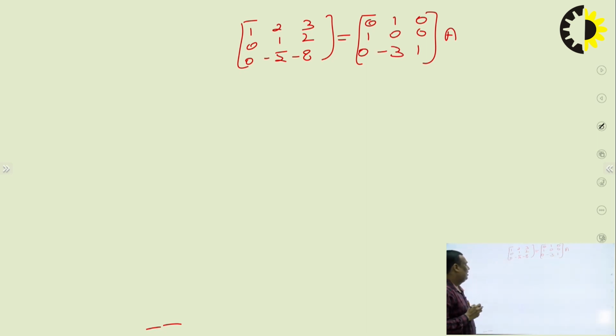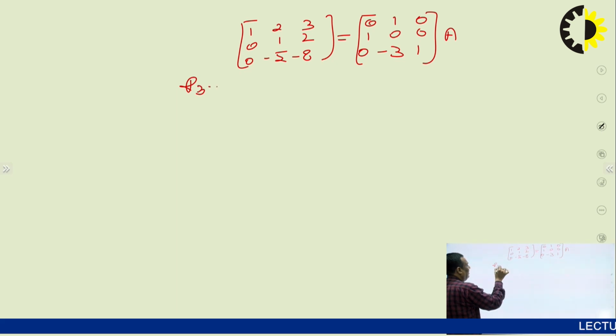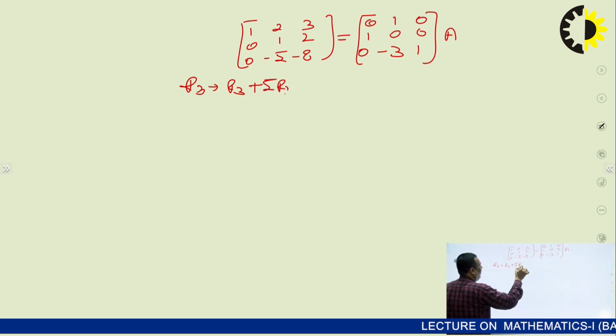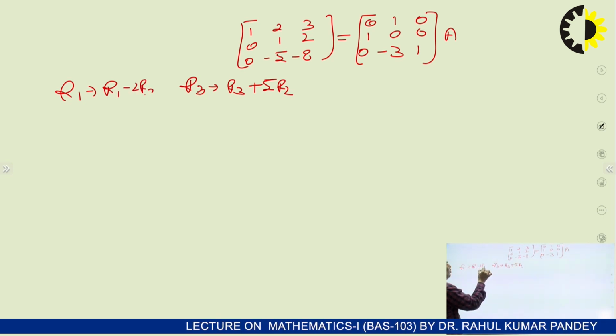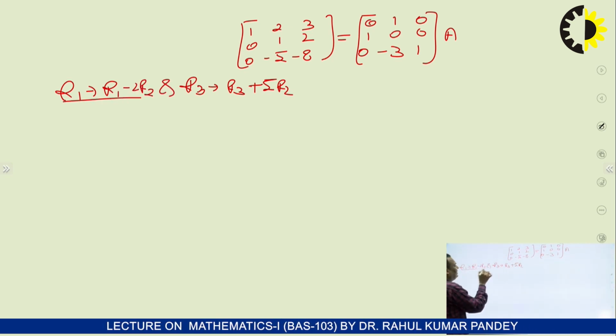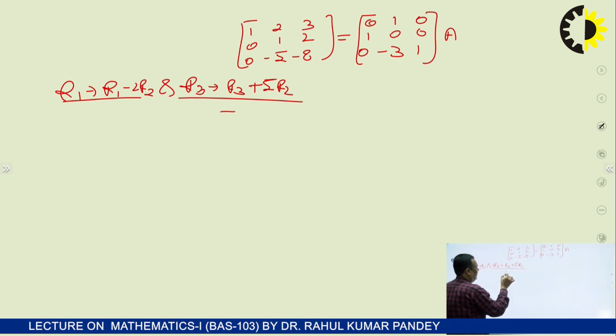Now with the help of R2, the second element in R1 and the second element in R3 will become 0, with the operations R3 plus 5R2 and R1 minus 2R2. Both operations will be applied in this matrix.